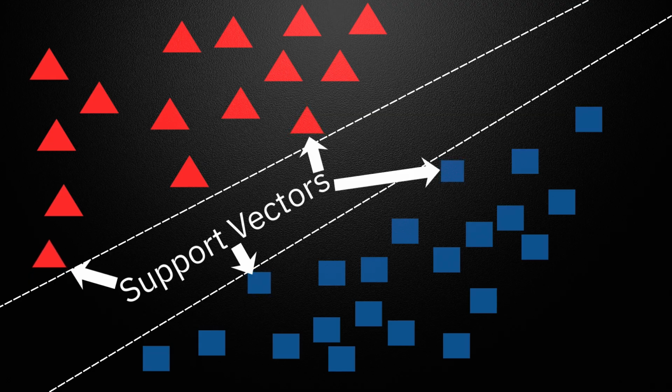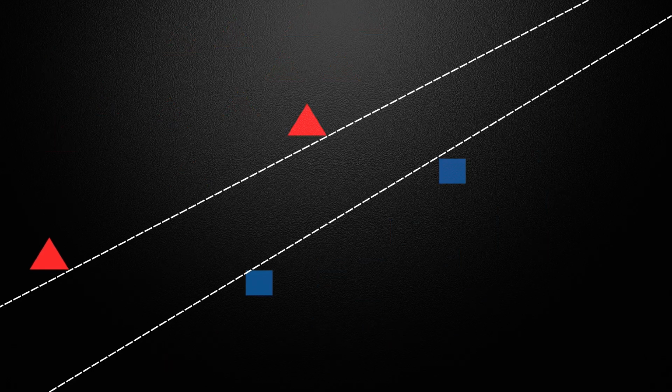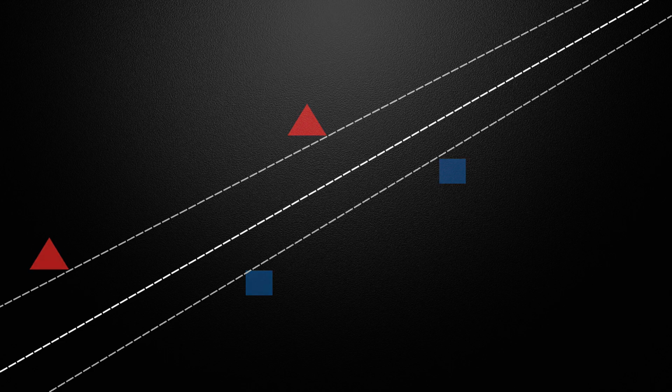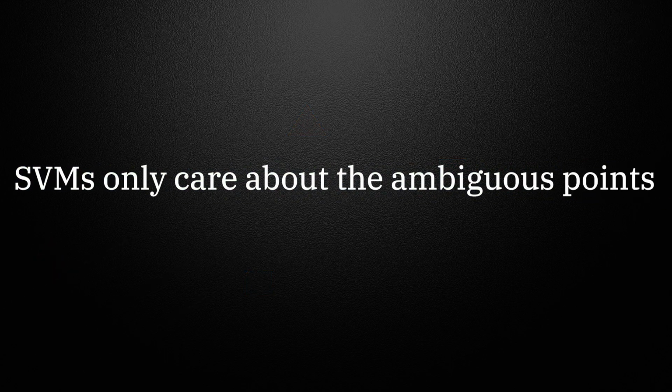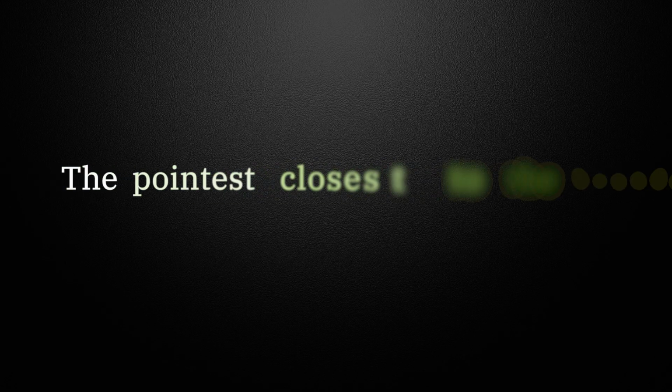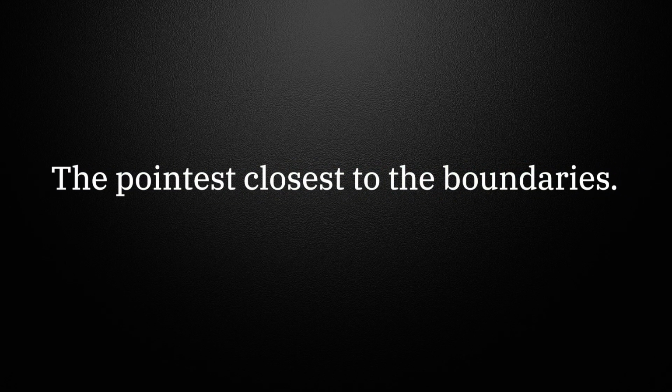And here's the mind-blowing part. You could delete all the other points in the data set, the ones that are far away from the boundary, and the line wouldn't move an inch. SVM cares only about the most difficult points, the ones right on the edge. It ignores the easy stuff.